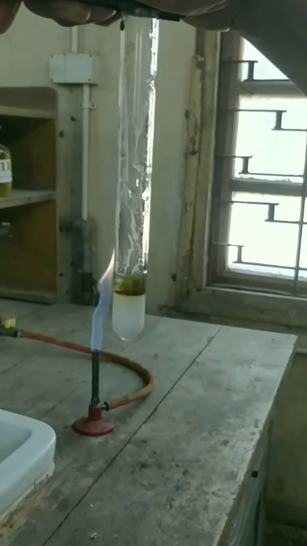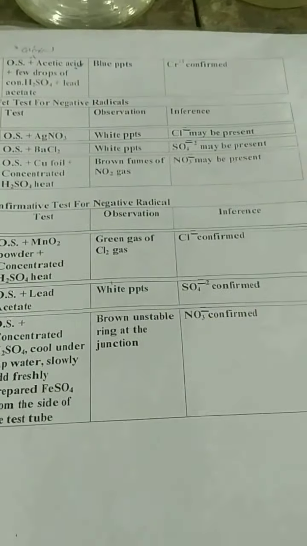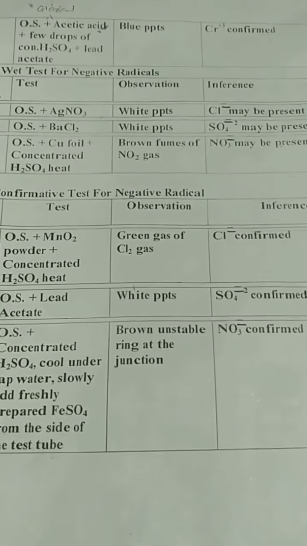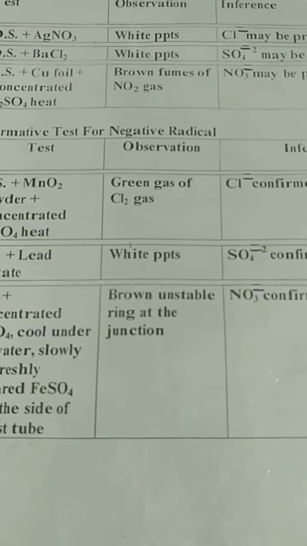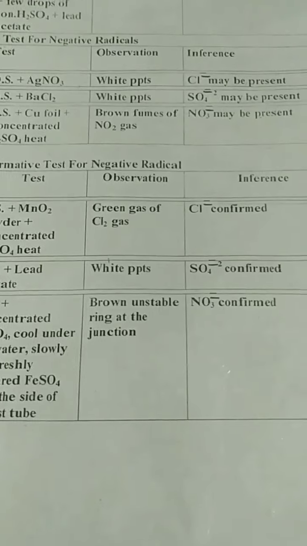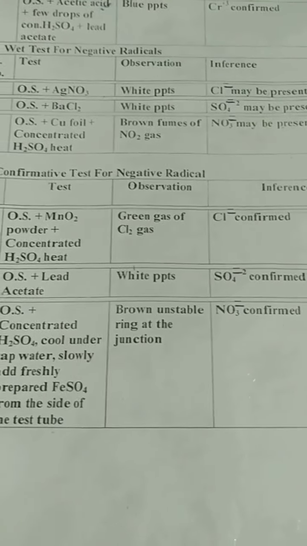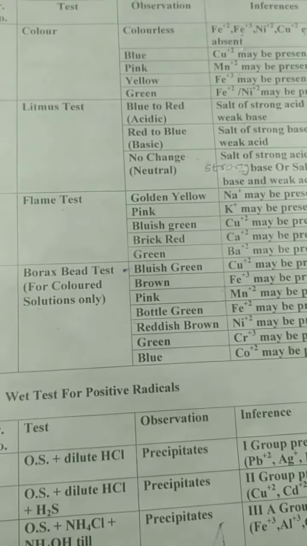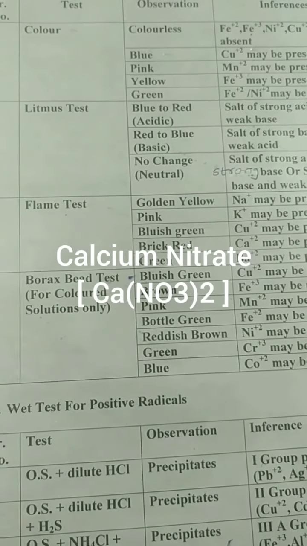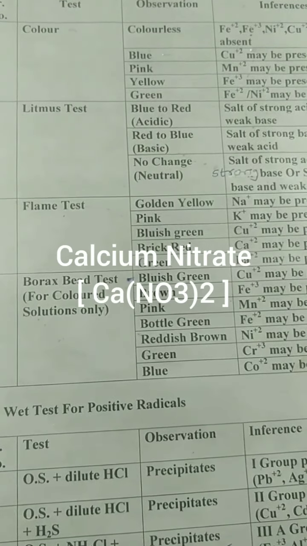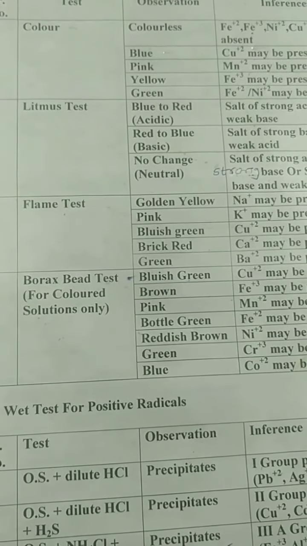You can see the brown ring at the junction of the test tube. So this confirms that our solution contains nitrate as the negative radical. In the observation you will write brown unstable ring at the junction, and the inference you will write NO3 minus confirms.